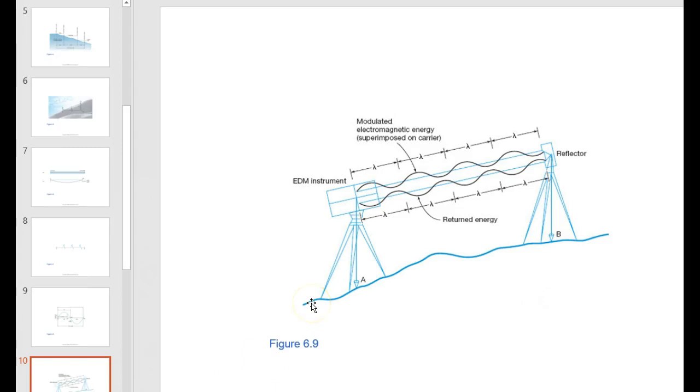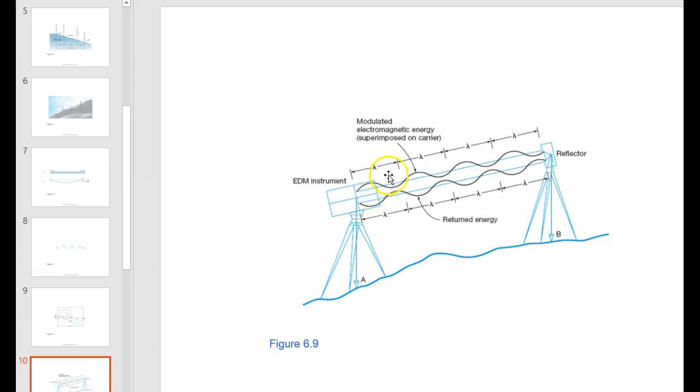Right? So this is a picture of what they refer to as EDM. EDM just stands for electronic distance measuring, and that is, for us, the total station. Now, intermediary to workable total stations and basic theodolites, there were instruments that were only electronic distance measuring, so you could use them in conjunction with a theodolite to get angles and distances.